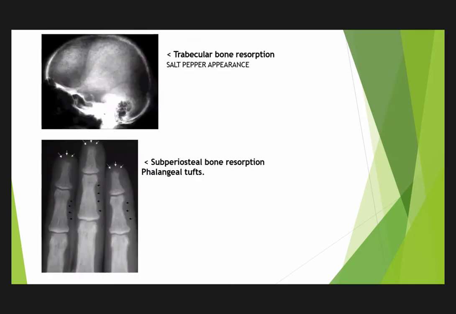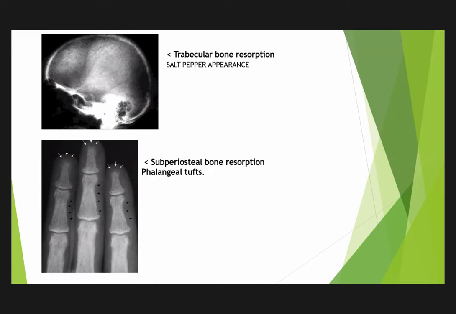So what we will see, because the level of PTH is high, what does it do with the bones? It will remove calcium from bones. The pictures will show you severe osteoporosis, bone resorption present.